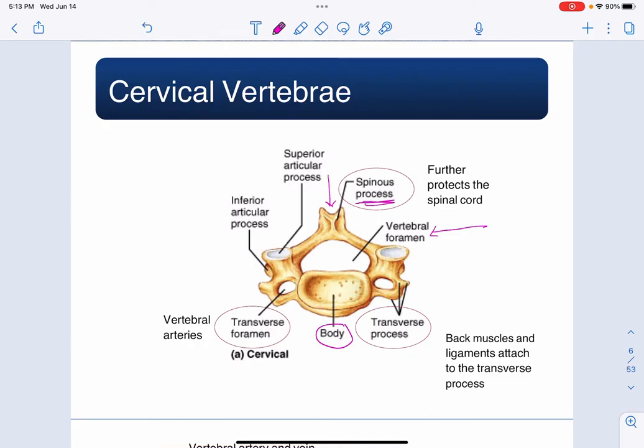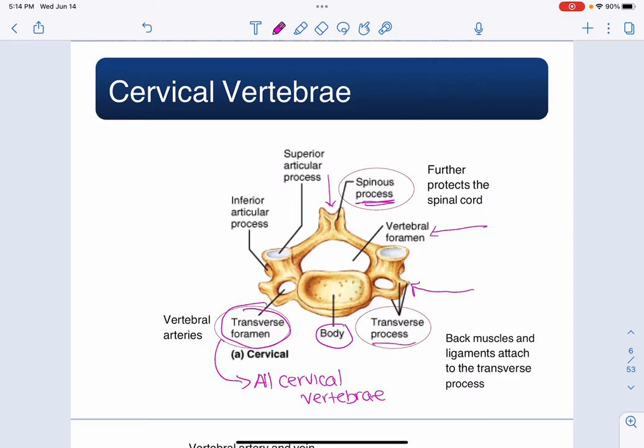There is a transverse process right here, and what is unique about cervical vertebrae is that there is a transverse foramen in all cervical vertebrae. All cervical vertebrae have a transverse foramen through the transverse process.